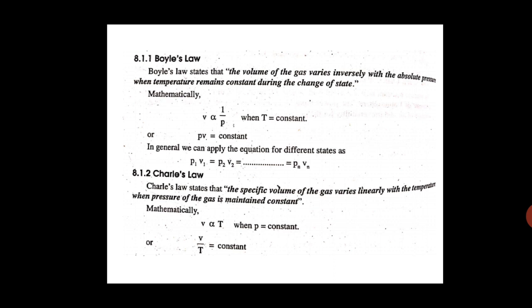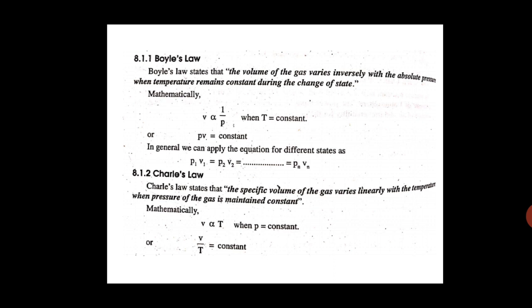Mathematically, when T is constant, there are only three terms: volume, pressure and temperature. Consider a piston cylinder arrangement. When the piston compresses the air, the volume reduces and pressure increases.